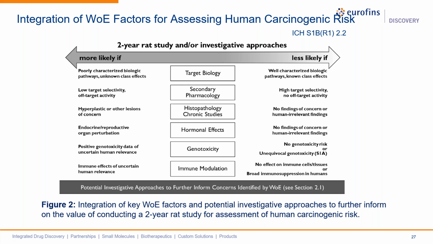And the right side shows where a 2-year animal study is less likely, as the chemical has well-known biology, high selectivity, and no concerning findings. This integrated approach allows for more informed decision-making about resource-intensive carcinogenicity testing, I mean animal studies. Next slide, please.